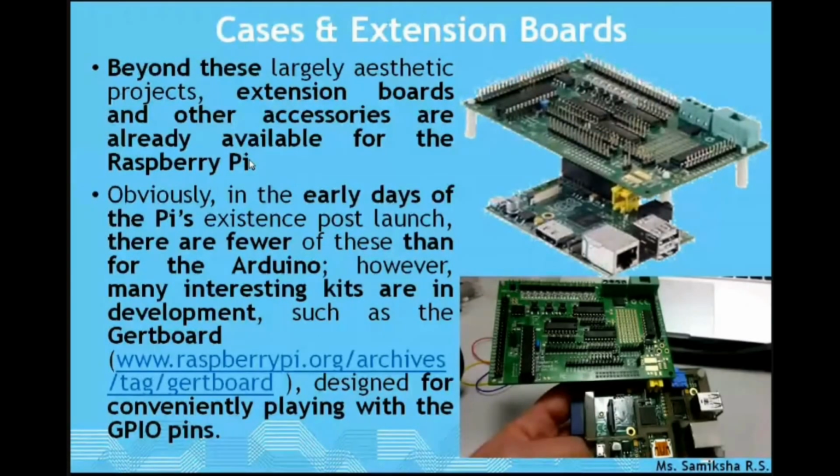So if we are dealing with some type of development or if we are actually prototyping, then these types of boards can be of great use to us. But this doesn't mean that Raspberry Pi lacks in few capabilities and therefore we are attaching this. No, this is just as a convenient part so that you can play with the GPIO pins just to check what may be the possibilities of what you can actually do the development or prototyping with.